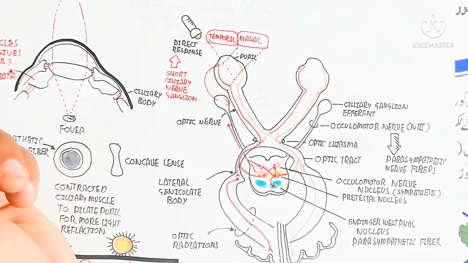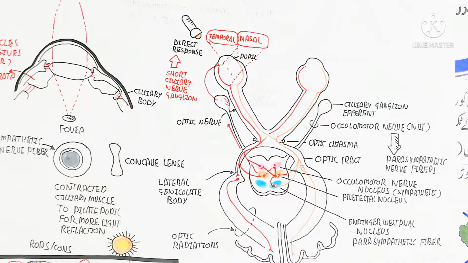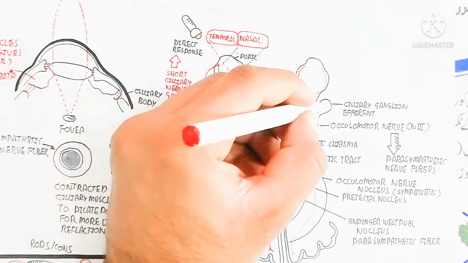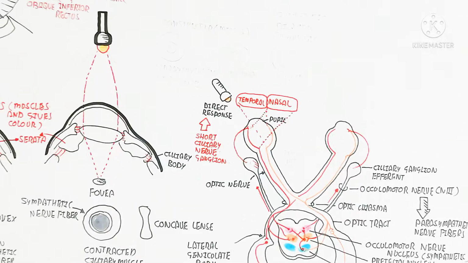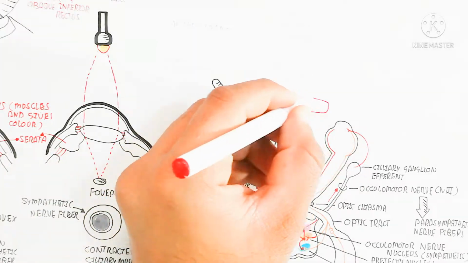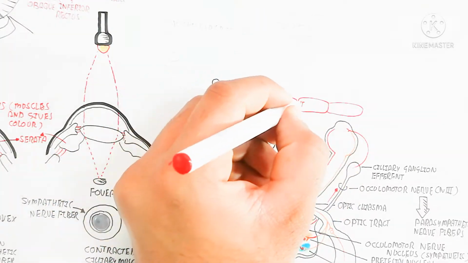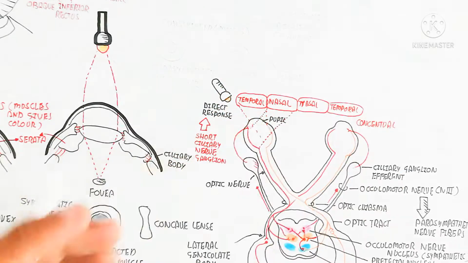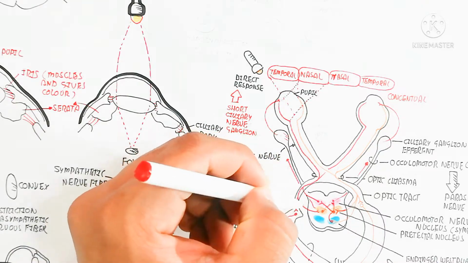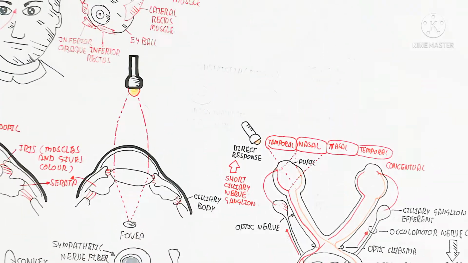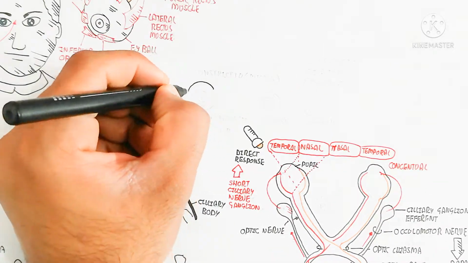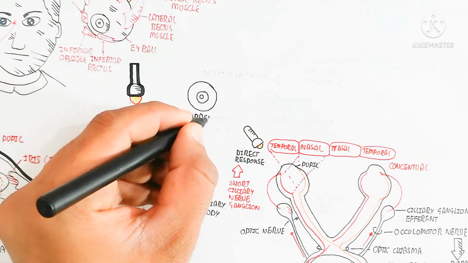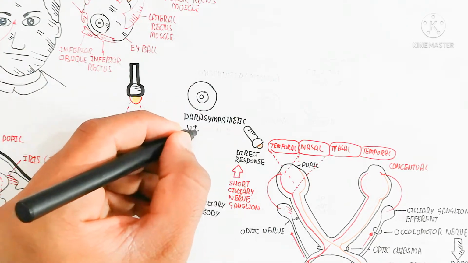So here both eyes are interconnected, and the Edinger-Westphal nucleus will transmit the signal to the pretectal nucleus. After this, the pretectal nucleus with the efferent oculomotor nerve 3 will give the response of constriction and relaxation on the basis of the situation.